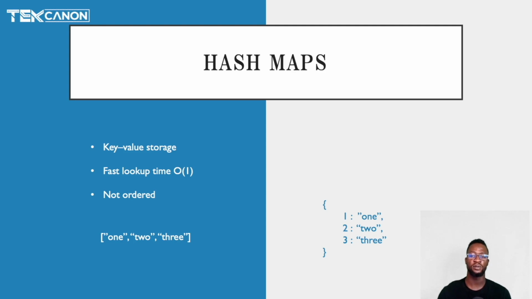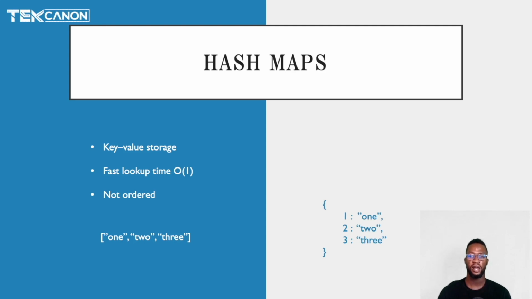So that is one of the most important things about hash maps, the fact that there's a key value pair. The key acts as a link to be able to retrieve your values, as opposed to arrays and some other data structures where the values are ordered. In a hash map, the values do not need to be ordered.